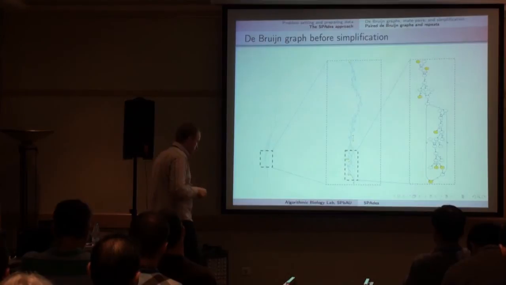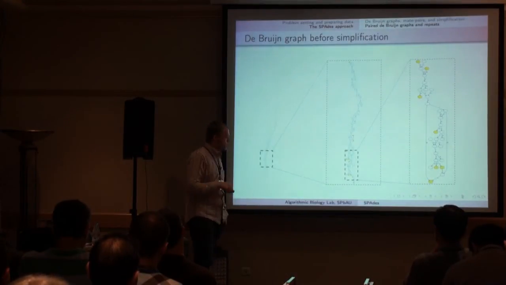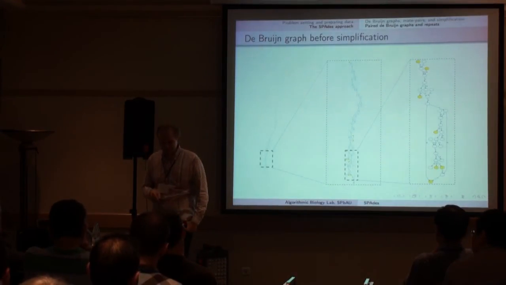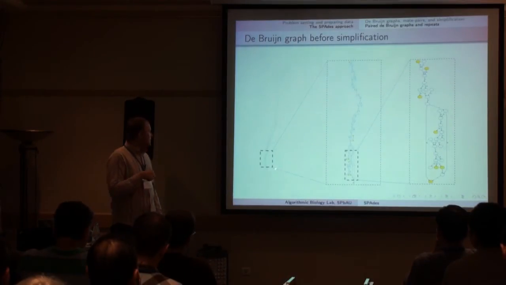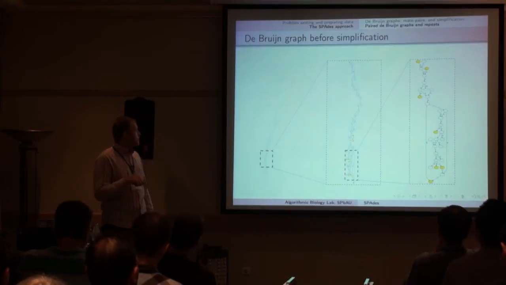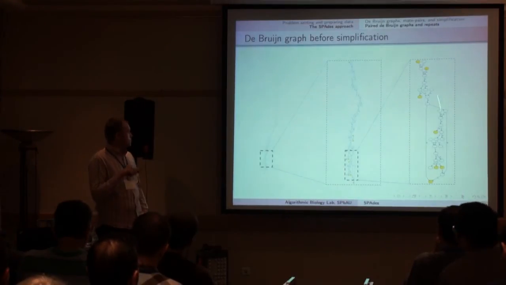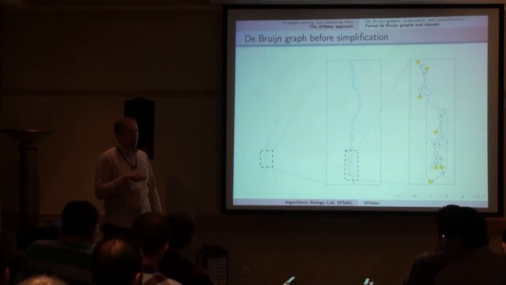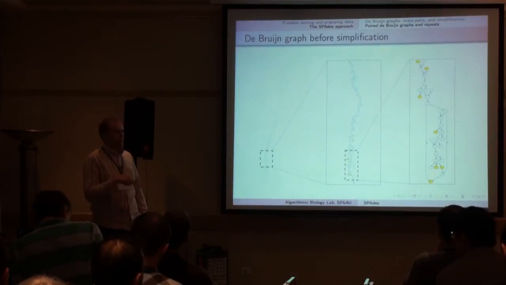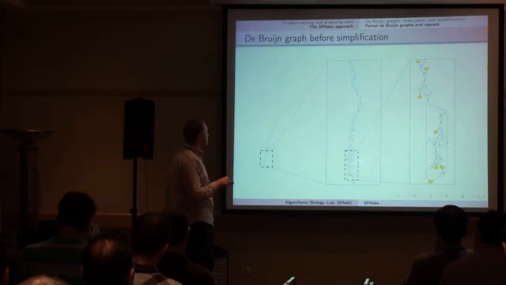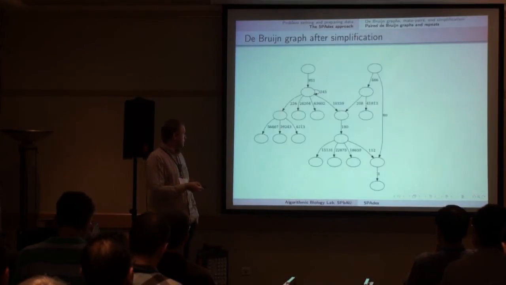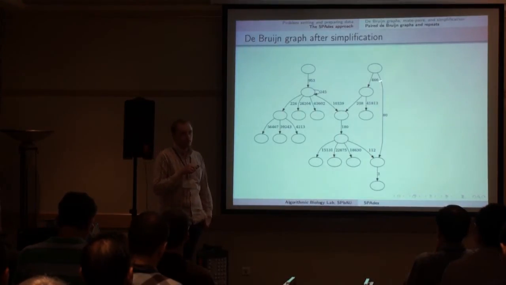All right. So now that I have explained, well, at least begun to explain some of the complications and some of the ideas behind this, we can go back to this connected component, and we can see that after all is said and done, and after all SPAdes algorithms are applied, we are left with this.